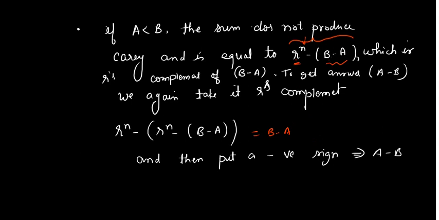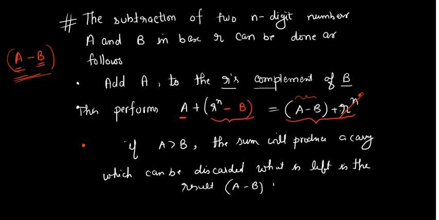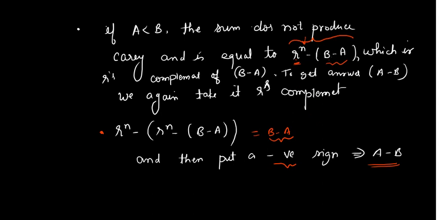The output will be B minus A. If we put a negative sign before that, the answer will be whatever is required. We wanted A minus B, so we get A minus B.